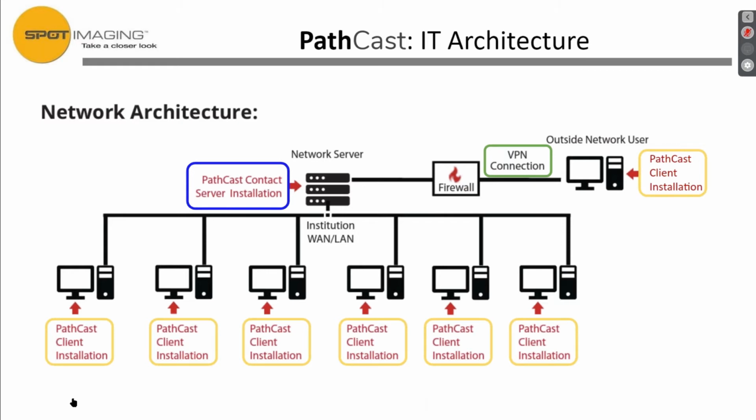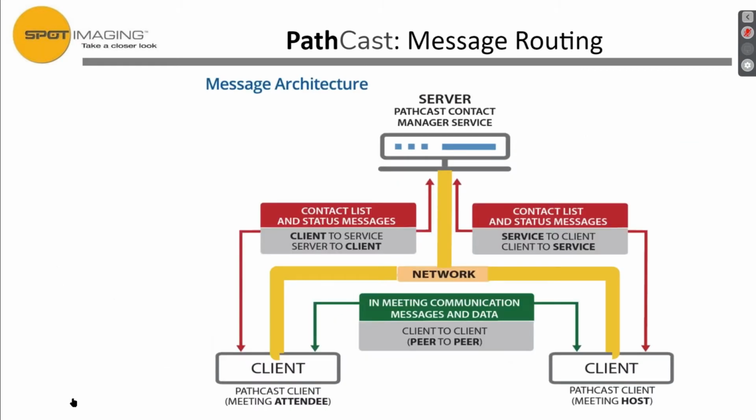So let's talk about the data workflow. What the server is actually doing is just sitting there and listening to the network for any new client that's coming on or a client that's going off. So it gets a message when a client joins the network and the client signs into the contact server and provides its network IP address.